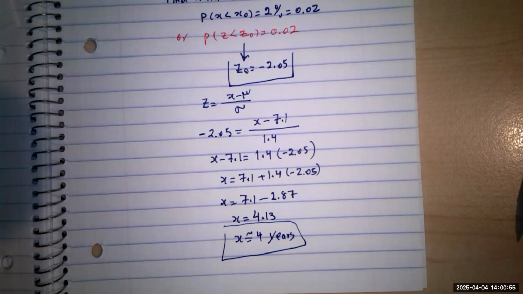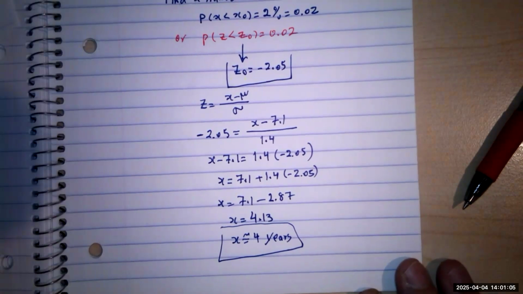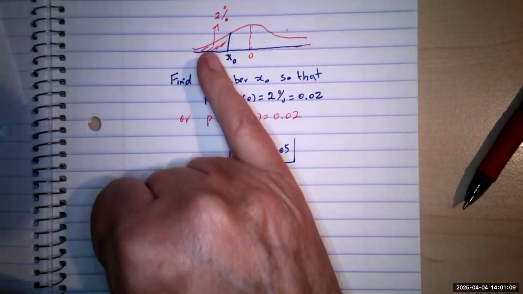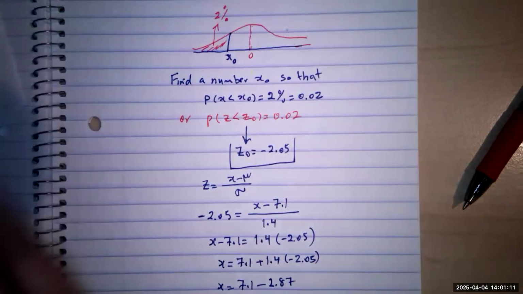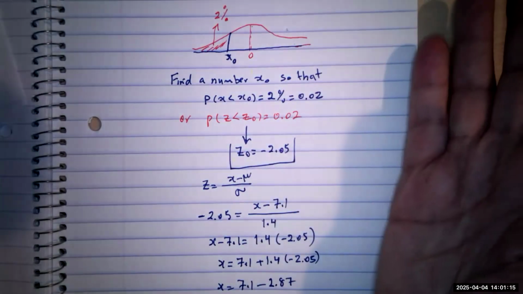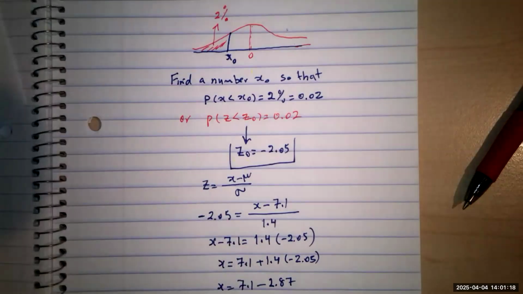This just shows you what would happen if you do it manually. Now the important part: some people made a mistake here. This area, 2% to the left, is different from the other problem, which was to the right, where we had to consider the complement, 30%.